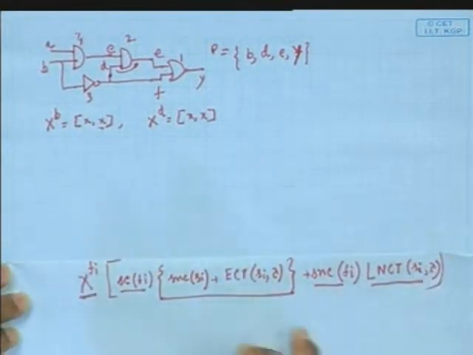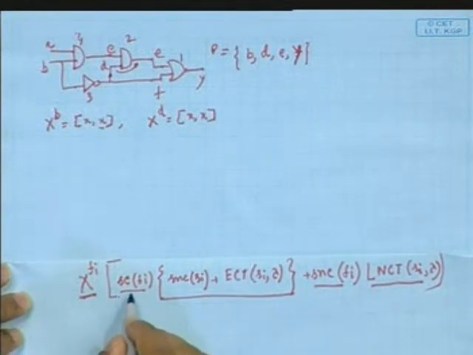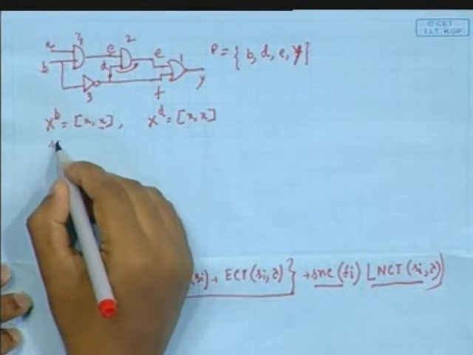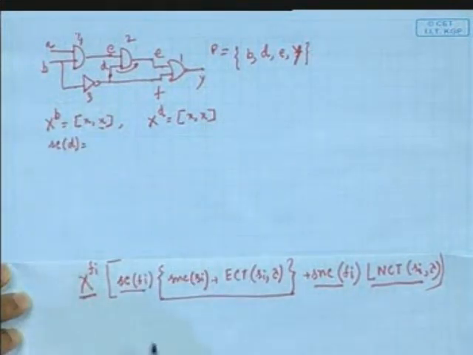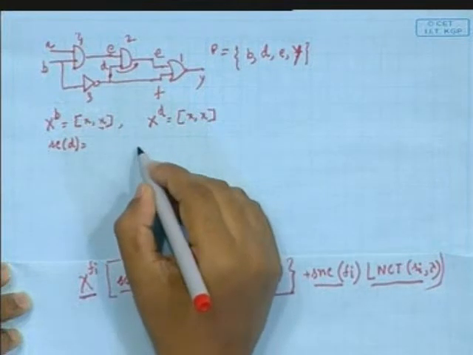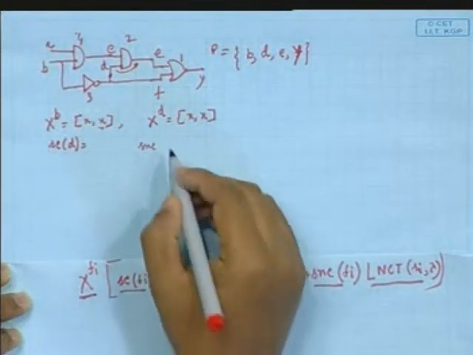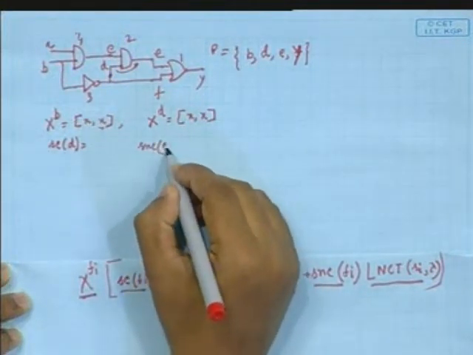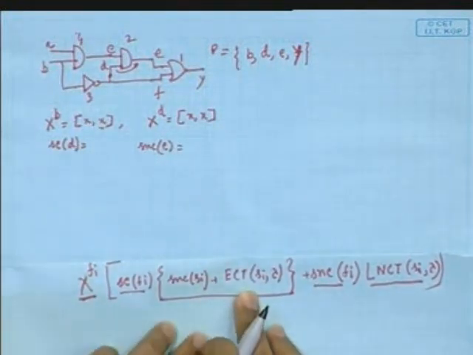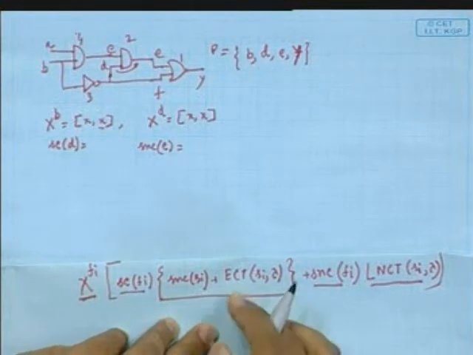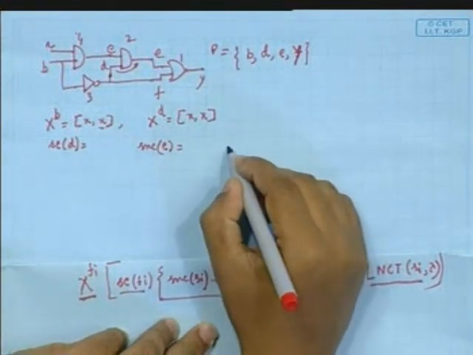I need to compute the stable value at node D, that is this value. Then I have to compute the non-controlling value of the side input, that is C. Then the earliest controlling input for the side input.